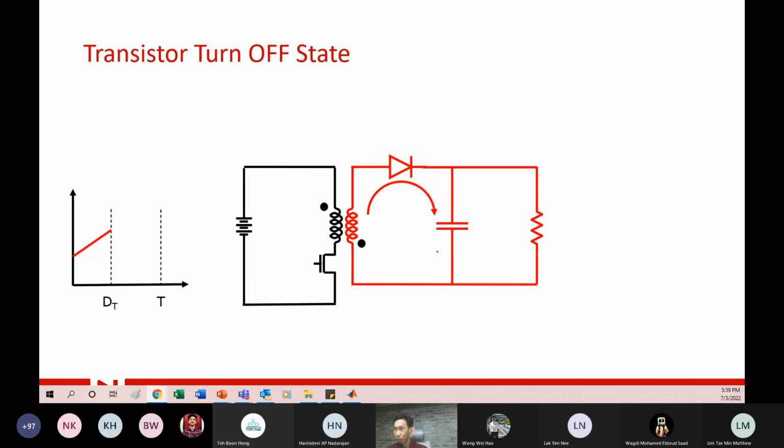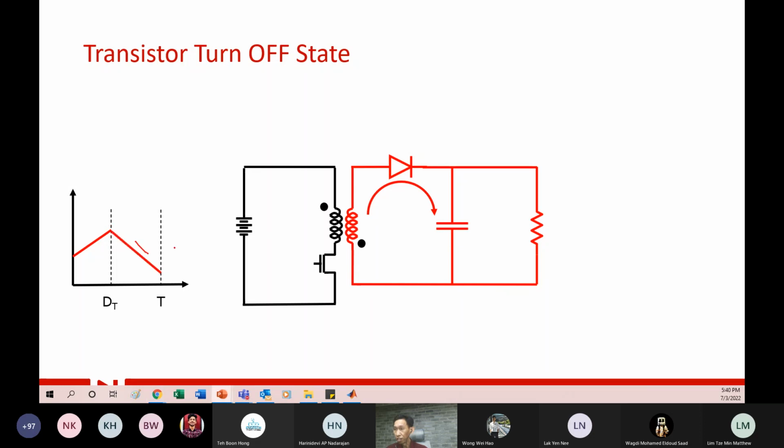So it will charge, store energy, and then transfer over. During the off state it will transfer over. If it's the on state, it will not transfer over. Only in the off state will it transfer, so that is a very small moment of time. It stores energy and releases over here, like shown here, it starts to discharge.